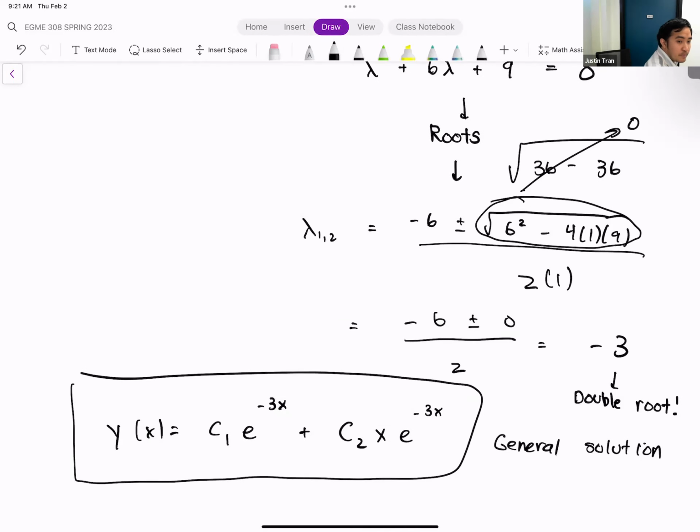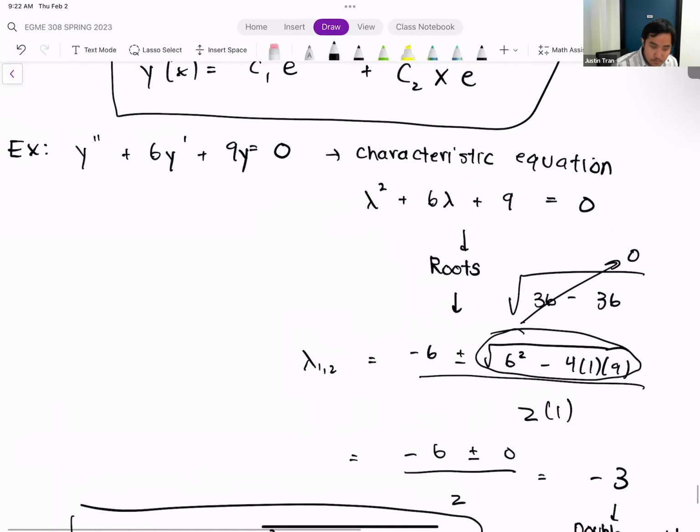Yeah, so if you're good at factoring, you can do that too. I'm usually really bad at factoring. I mean, this one I have the solution in front of me, but I'm showing the way with the quadratic equation.